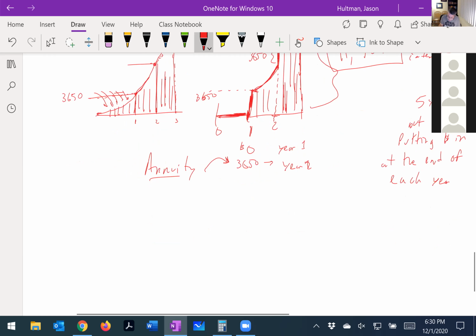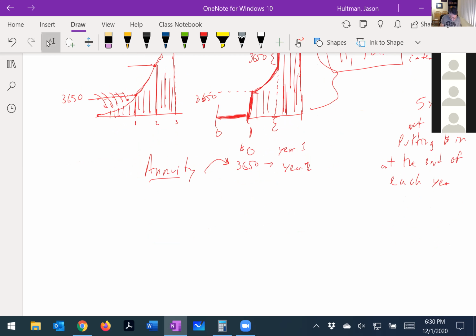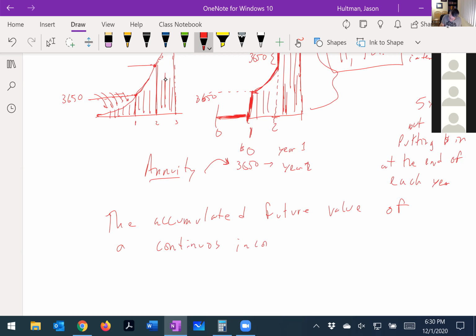The most money is actually going to come from what we call the accumulated future value of a continuous income stream.